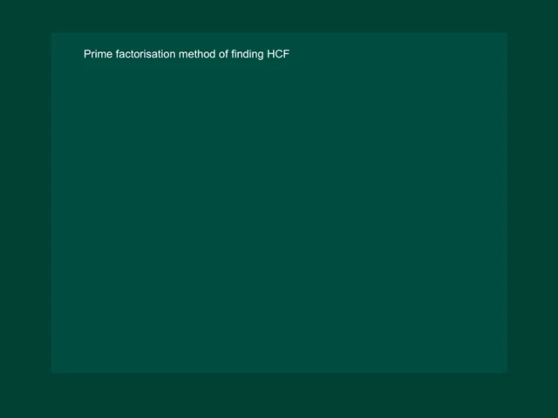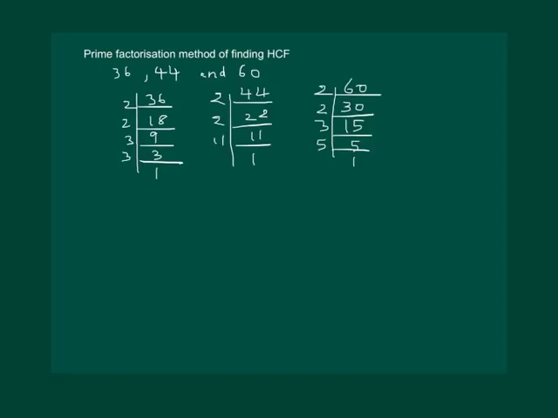Another method of finding the HCF is the prime factorization method. Now suppose we have to find HCF of 36, 44 and 60. What we will do is, we will prime factorize each of these. Now 36 can be written as 2 into 2 into 3 into 3.